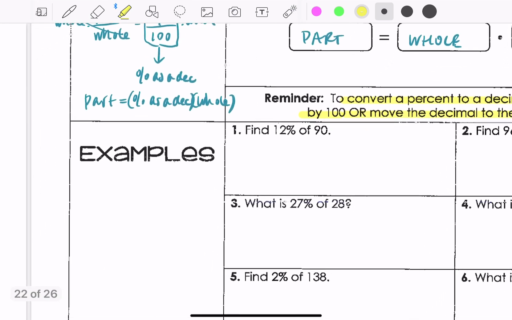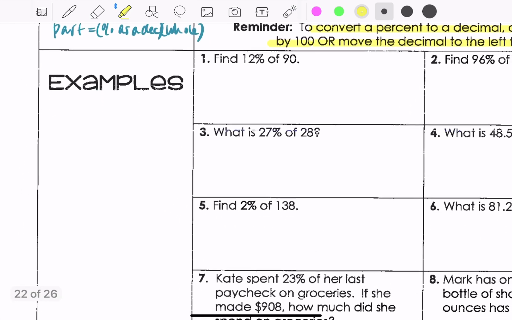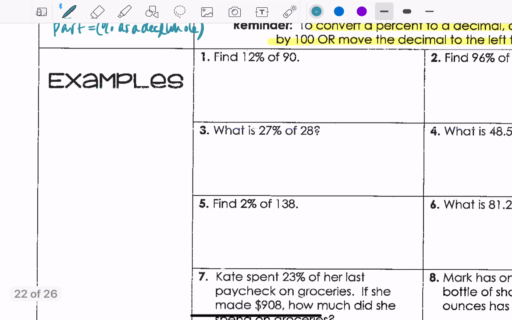So before we get started, I just want to write the examples of what the problems look like. If you look at number 1, this is a typical way they write this problem. Find some percent of some number. That's one way to write it. Another way to write it, if you look at number 3, is what is blank percent of blank number.